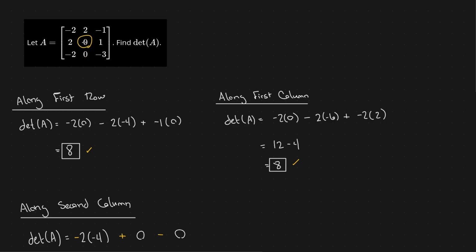As soon as we knew we were finding the cofactor with a 0 in front, I don't care what the determinant is of what's left over. 0 times anything is 0. So by choosing a row or column that is easier, sometimes we can make finding the determinant easier. In particular, it's real nice to have a row or column with lots of zeros in it because it makes it a lot easier to find the determinant.